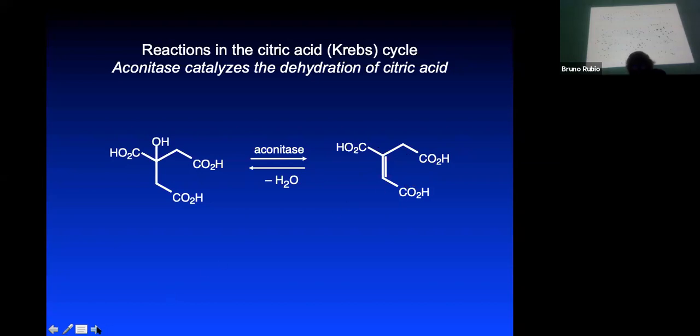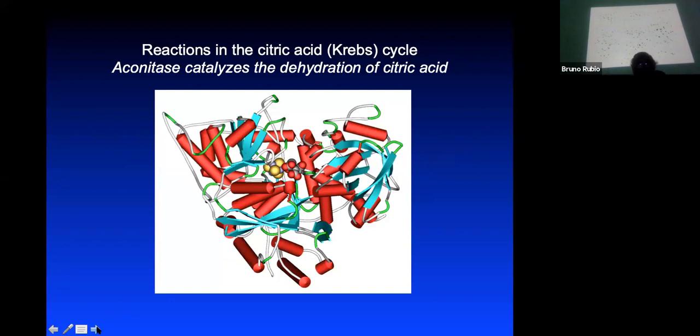This is one of the steps of the citric acid cycle. In the laboratory, we would use sulfuric acid and boil the hell out of it. Well, obviously, that's not an option in a physiological system. So instead of acid and heat, the catalyst in a physiological system is an enzyme. And in this case, it's this enzyme aconitase.